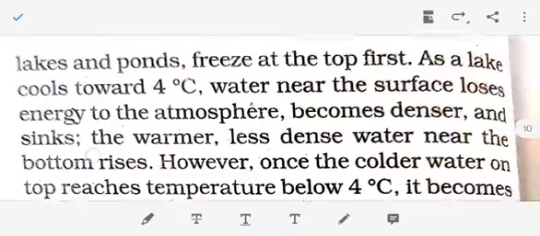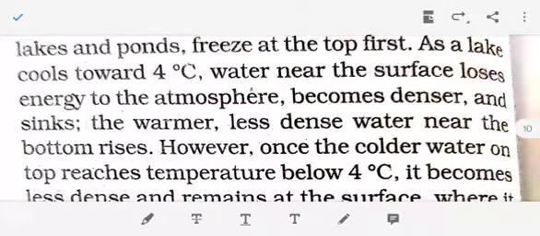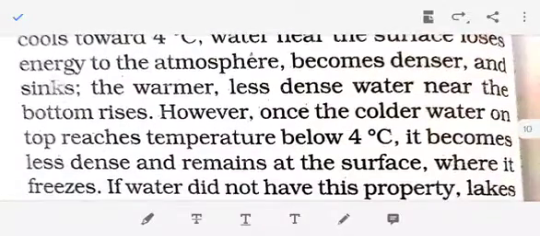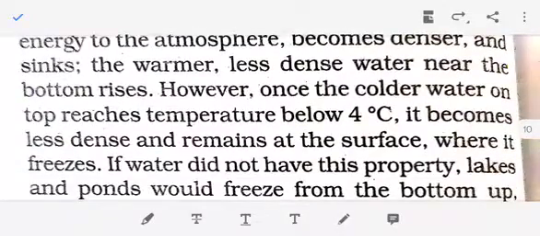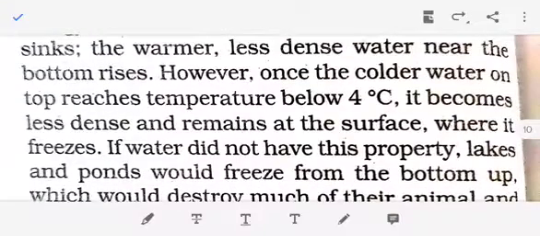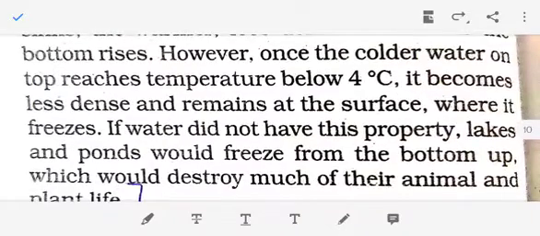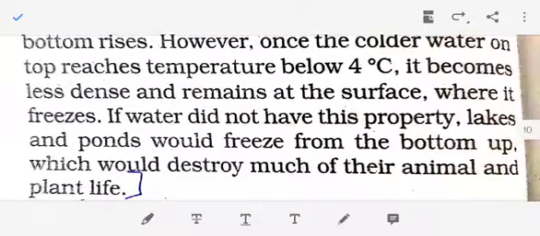As a lake cools towards 4 degrees Celsius, water near the surface loses energy to the atmosphere, becomes denser and sinks, and the warmer, less dense water near the bottom rises. However, once the colder water on the top reaches a temperature below 4 degrees Celsius, it becomes less dense and remains at the surface, where it freezes.